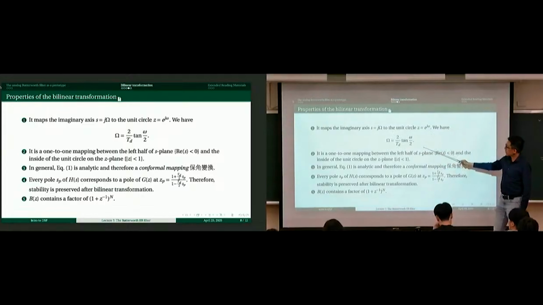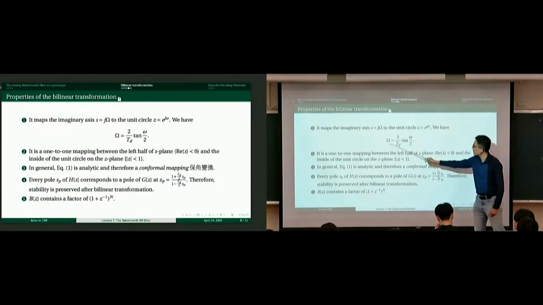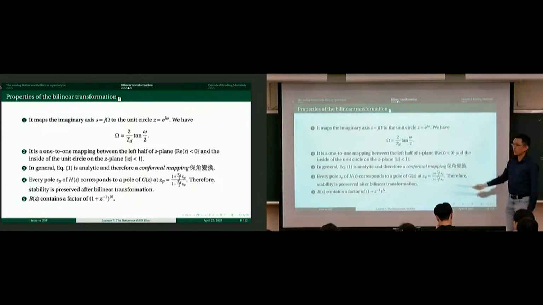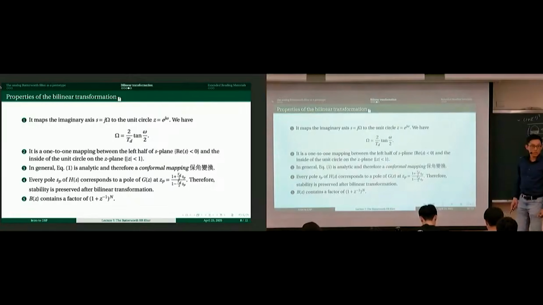You can make this derivation. I believe we've done that last Thursday, in both the Chinese and English sessions. Big omega is radians per second, and small omega is the omega in DTFT, your DSP omega. There is this relation.